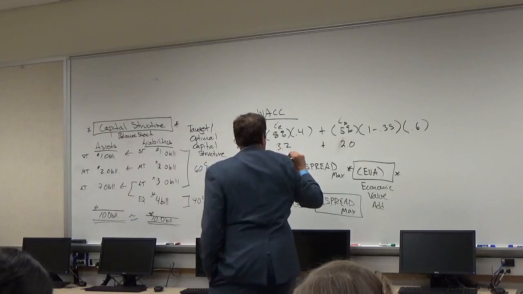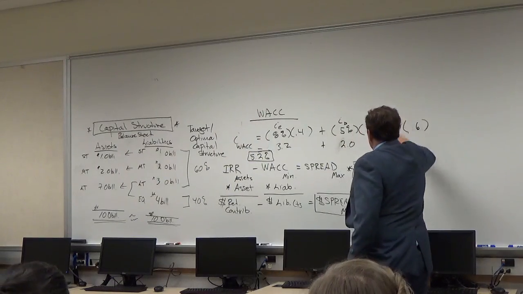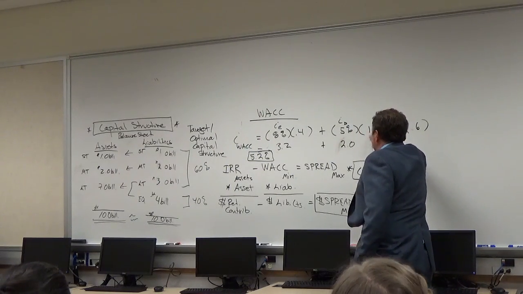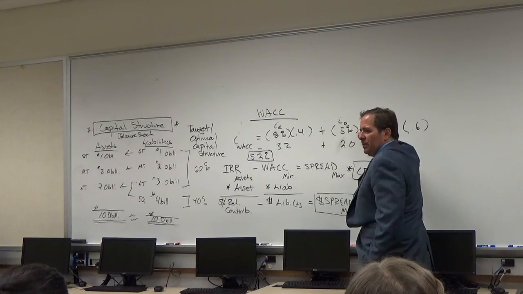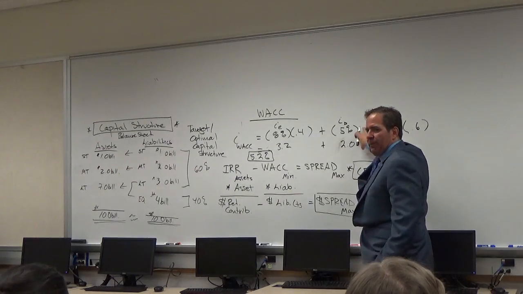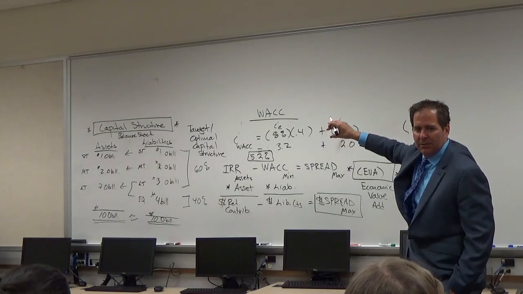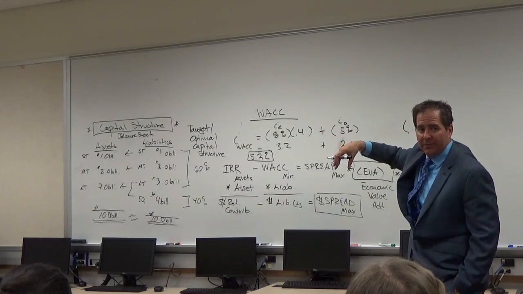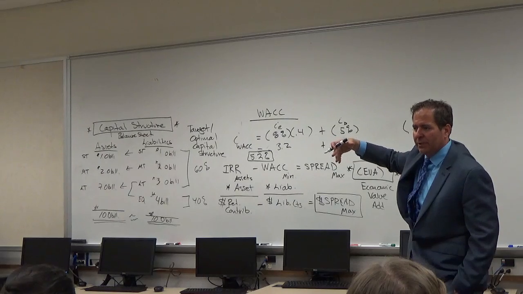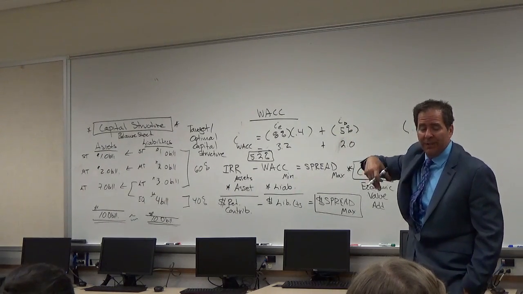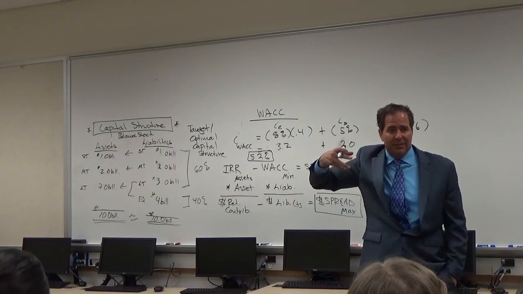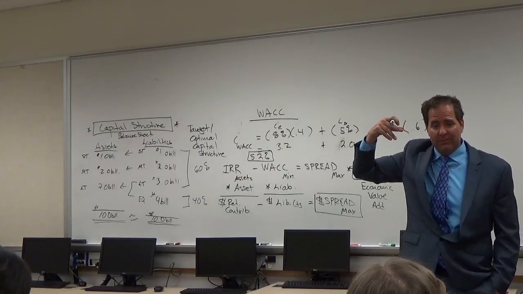That to me seems pretty low. If I get rid of the tax shield, am I being conservative, or am I being liberal in my assumptions? What does the tax shield do to your cost of debt? Does it make it more or less expensive? Less expensive. So if I get rid of it, I'm being more conservative.